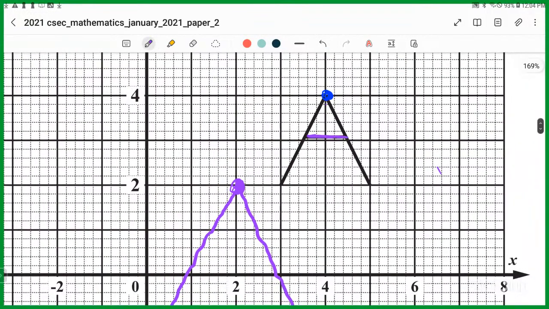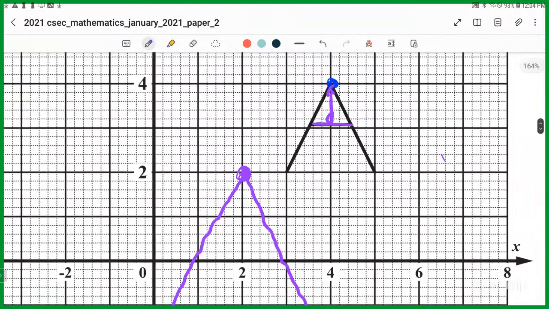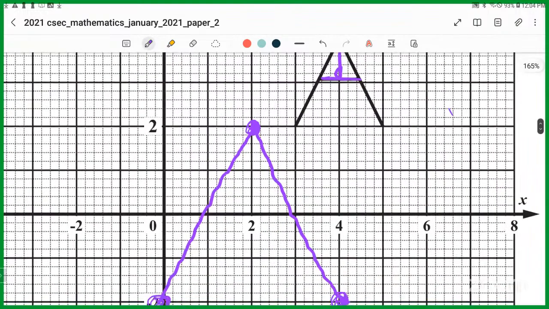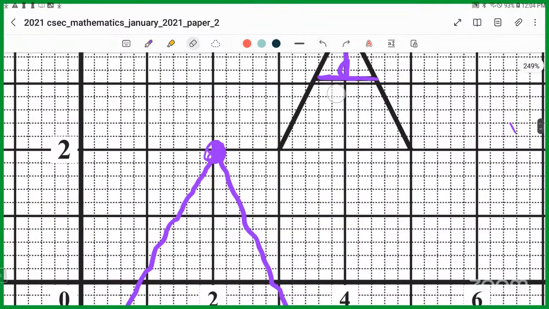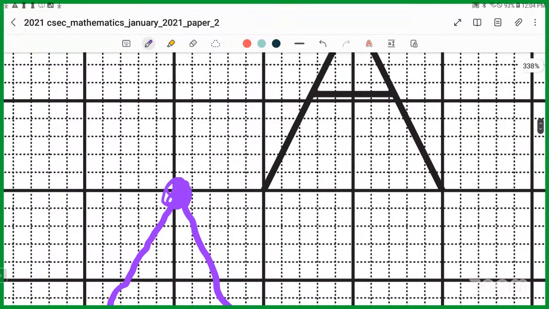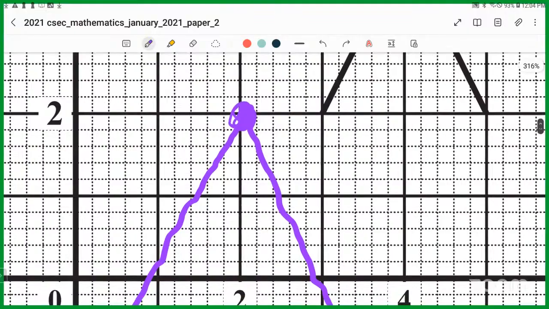Almost 1 unit, so doubled it's almost 2 units, but I have to go above. So for 2 units, it's about here. And even this little gap has to be doubled by a scale factor of 2. So it will be maybe down here.